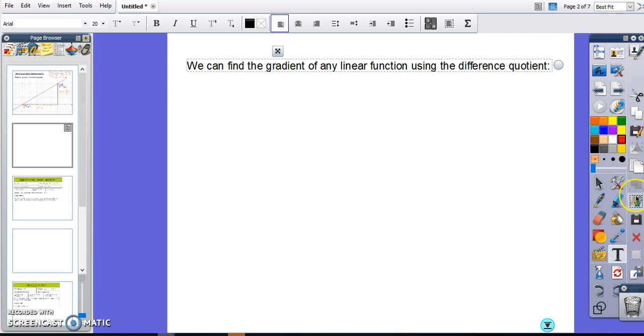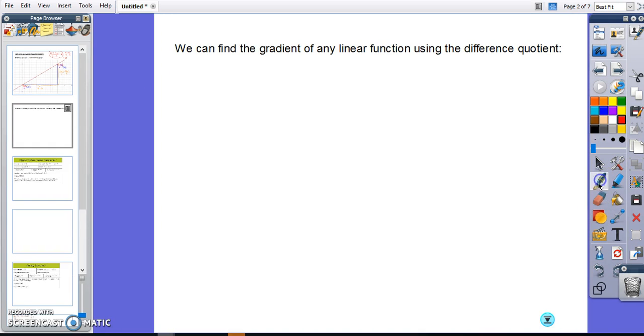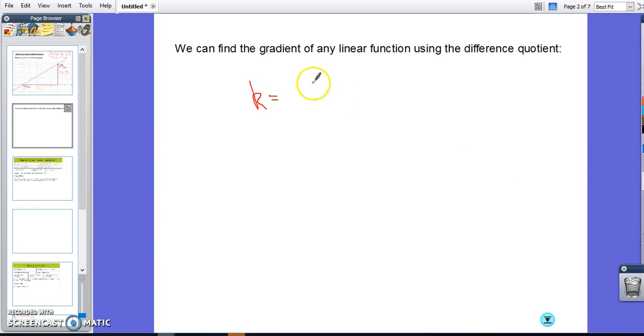And the difference quotient, as we had on our other page, will be equal to k, the gradient. So we have f of x2 minus f of x1 over x2 minus x1. It's a really fancy way of writing the gradient triangle that we have. So we can use this in exercises.